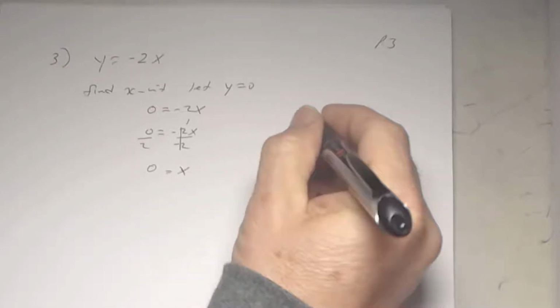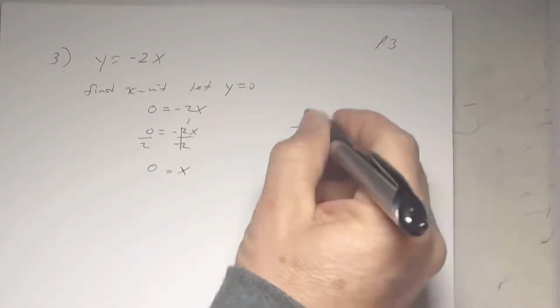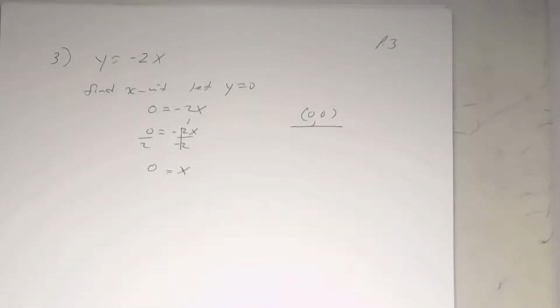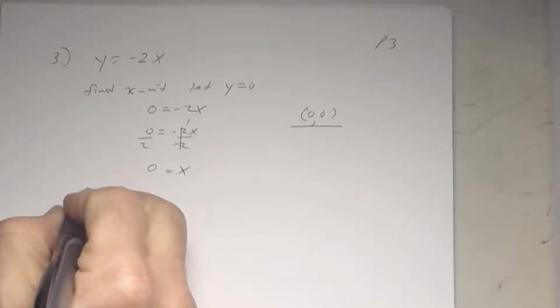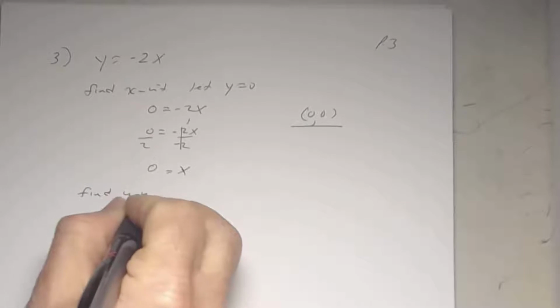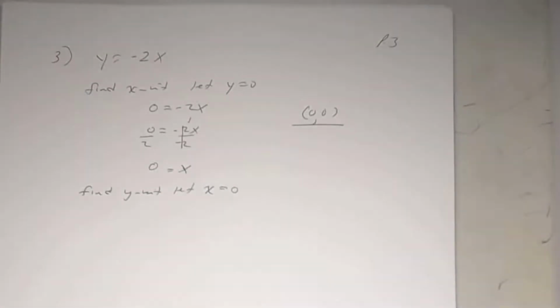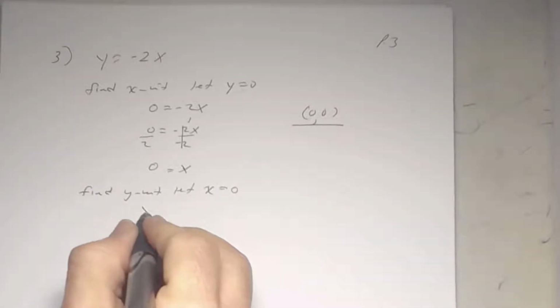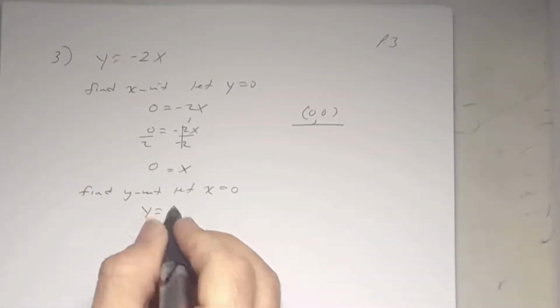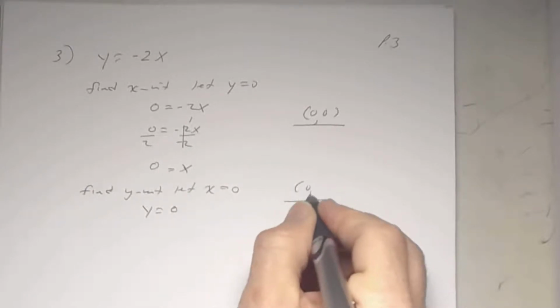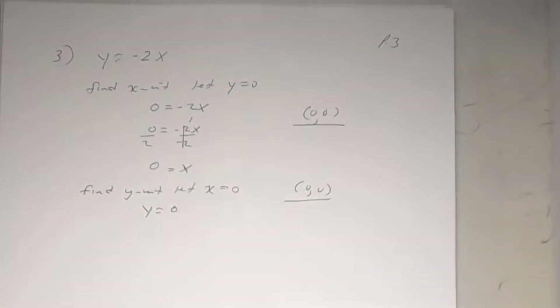So as an ordered pair, what is your x-intercept? 0, 0, which is the origin. Okay. To find the y-intercept, you're going to let x equal 0. If I let x equal 0, what do you get? 0. Y equal 0. And what ordered pair is that? 0, 0. It's also the origin.